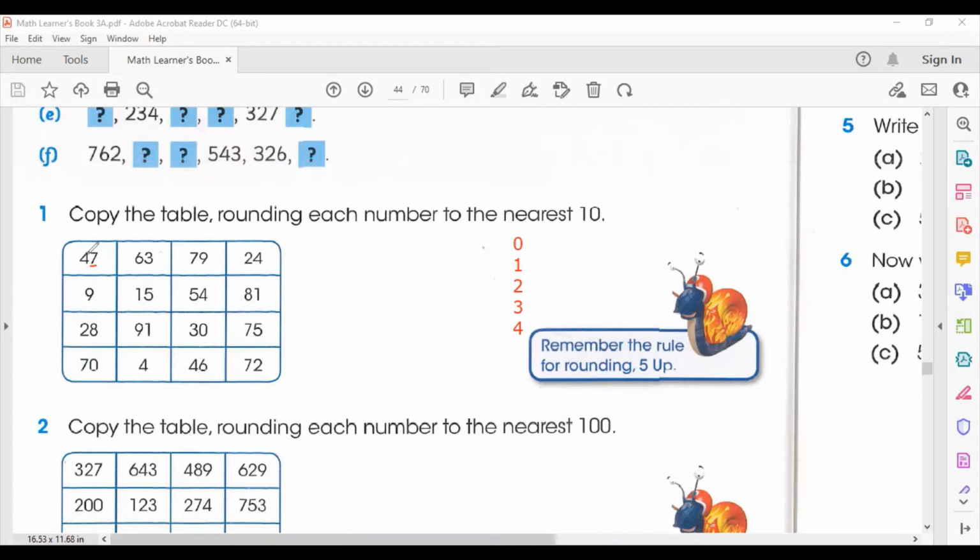For example, we have here two options: 47 is nearest to 40 or 50.